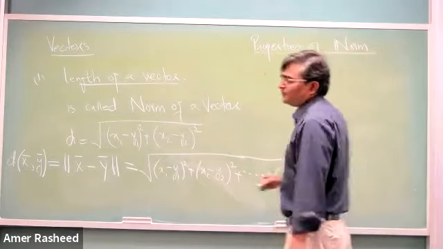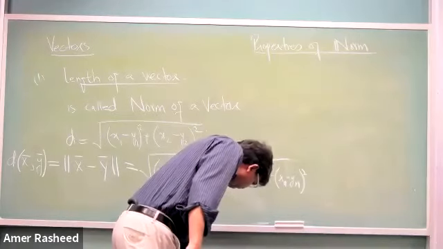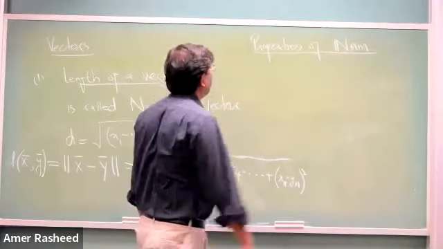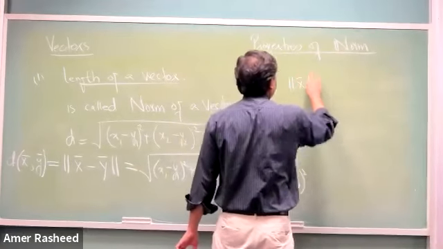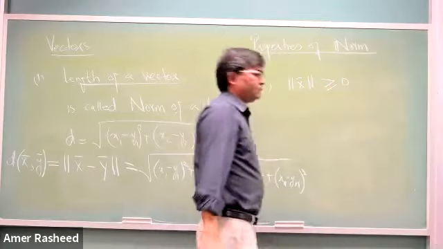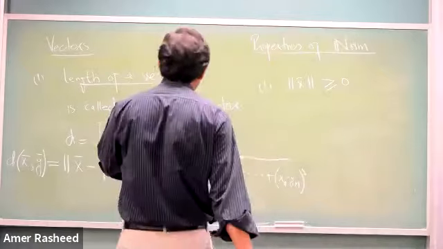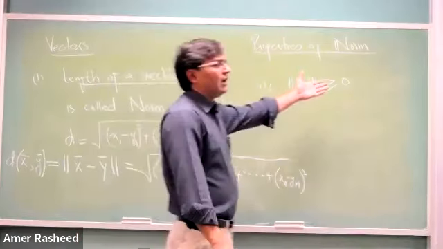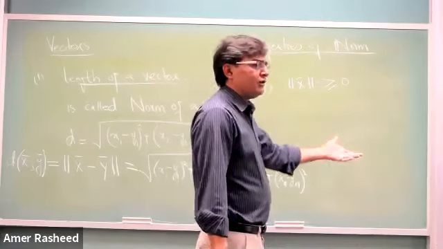Some basic properties of a norm: first, the norm of any vector is greater than or equal to 0. It is a length and you are taking the squares, so it cannot be negative.